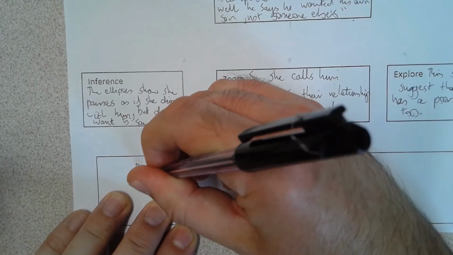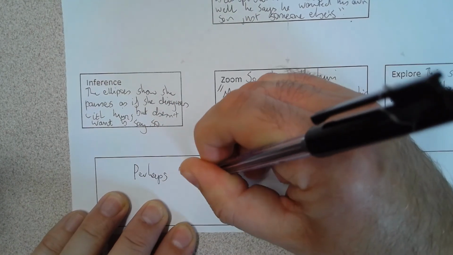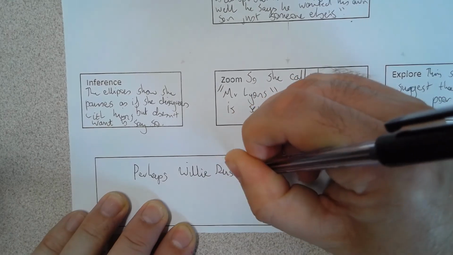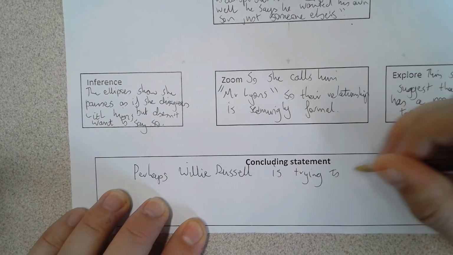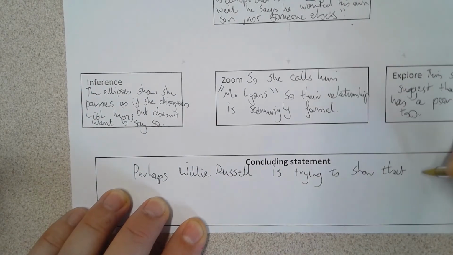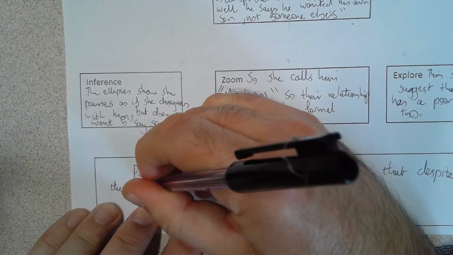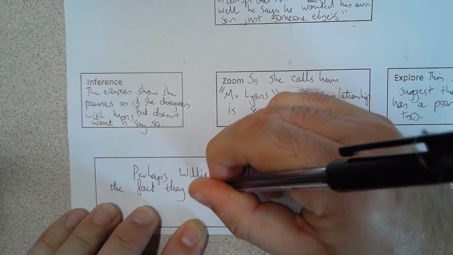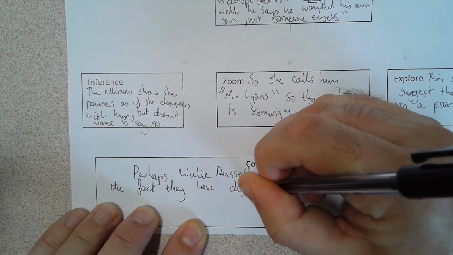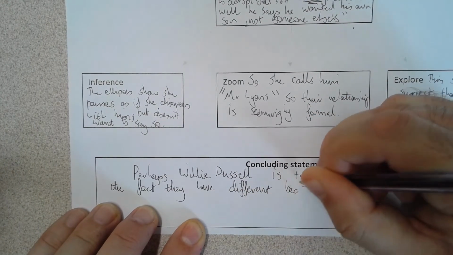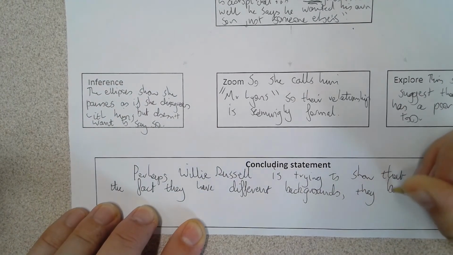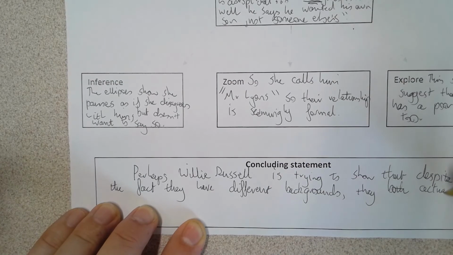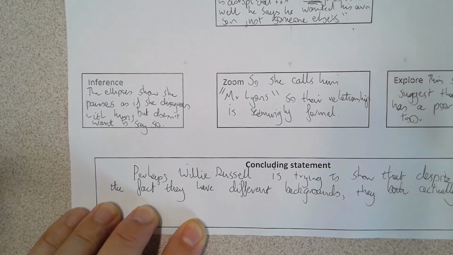So perhaps Willy Russell is trying to show that despite the fact they have different backgrounds, they both actually have problems.